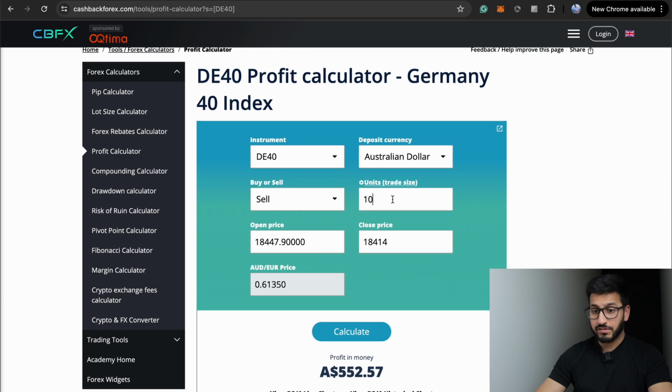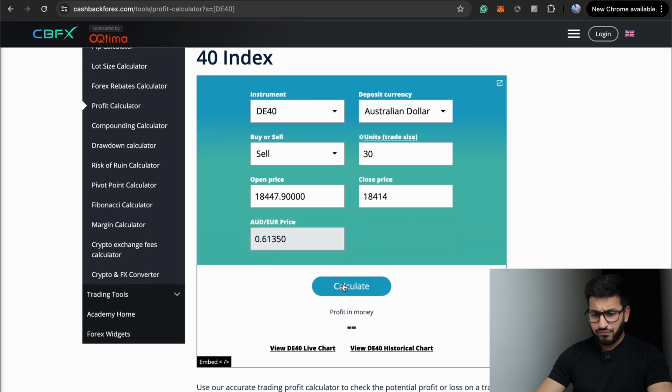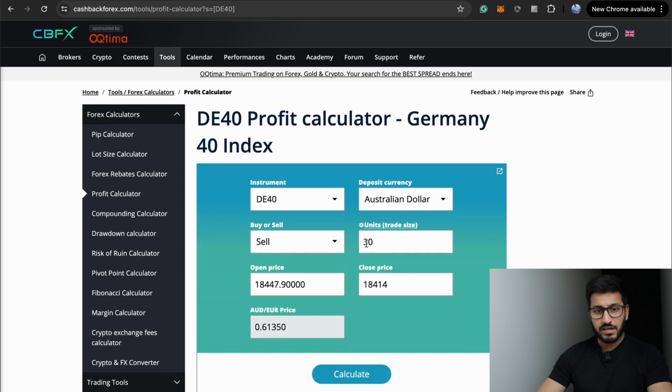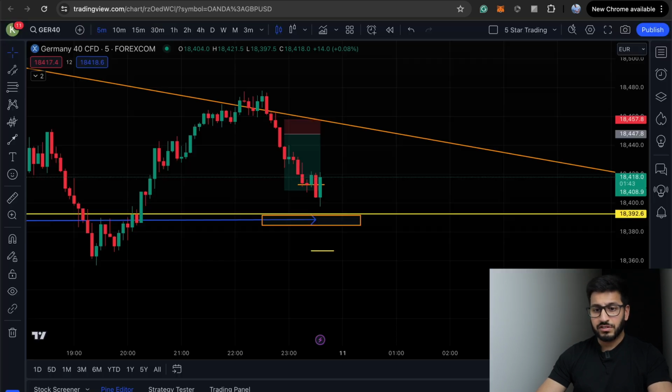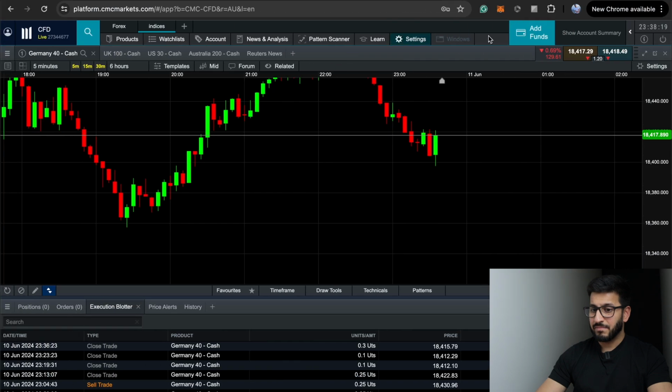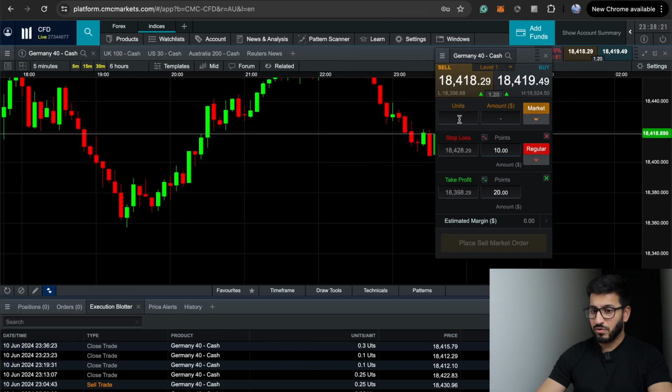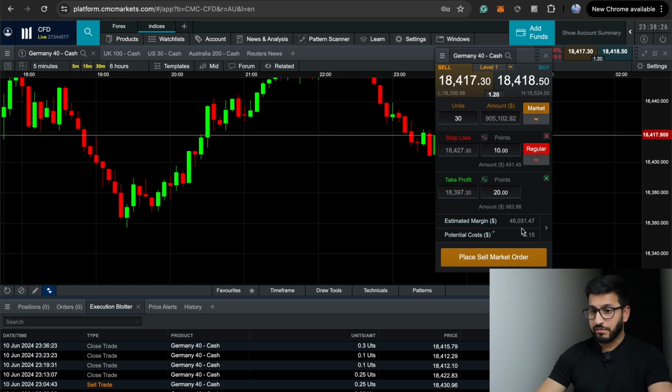Wow, 45 minutes. And if you did 30 units, you would have made $1,657 in 45 minutes. Just waiting for the right time, right spot. Just using the trend lines. And yeah, no indicator, no bullshit.